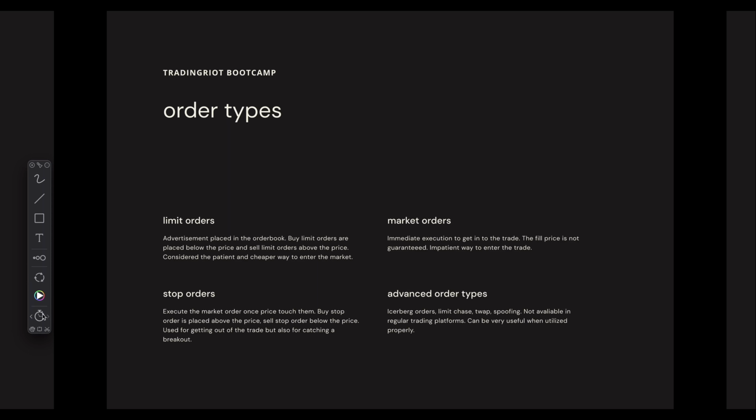So for example, you can tell the market that you want to buy a 10 lot every 1 minute, and you want this to happen for 10 minutes. Okay, so after 10 minutes you will be in a trade with 100 lots, and every minute this 10 lot will get executed.